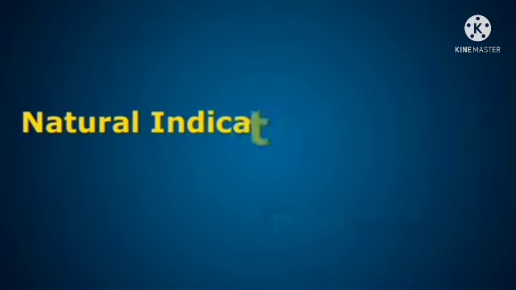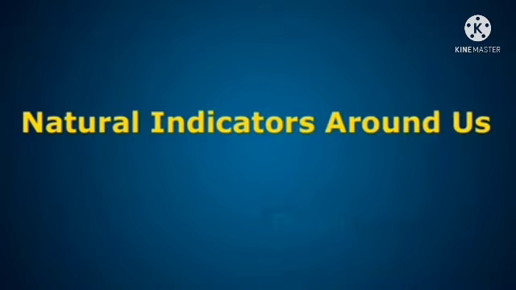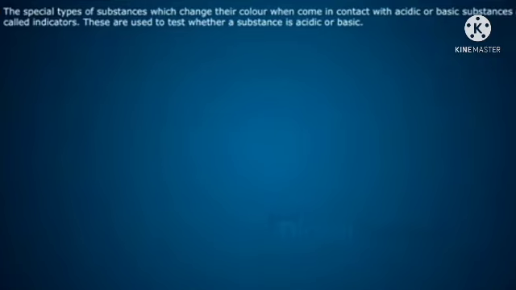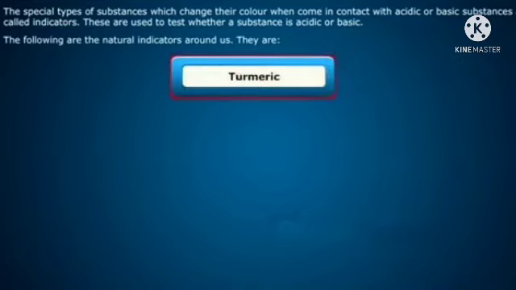Natural indicators around us. Special types of substances which change their color when they come in contact with acidic or basic substances are called indicators. These are used to test whether a substance is acidic or basic.